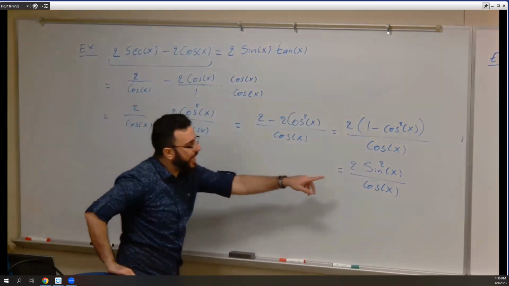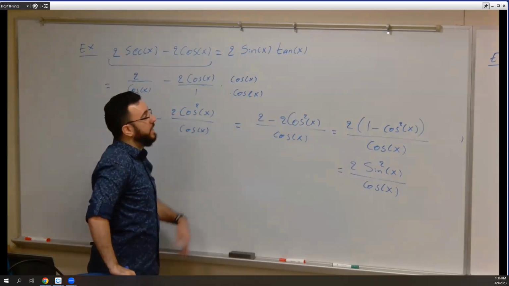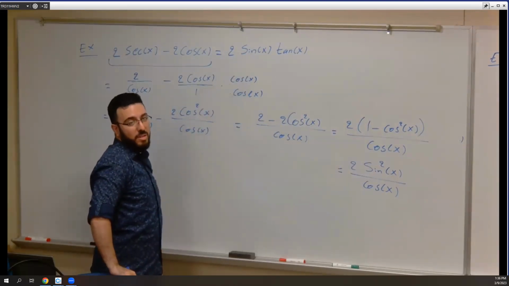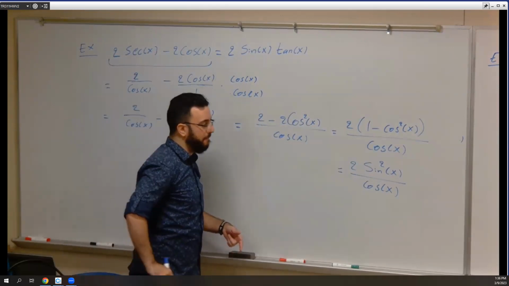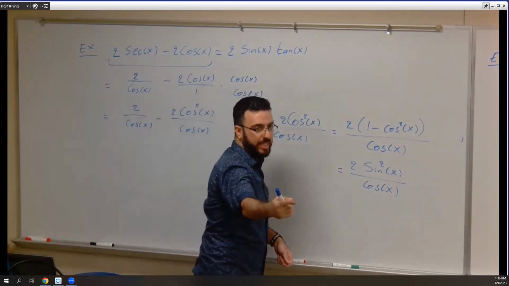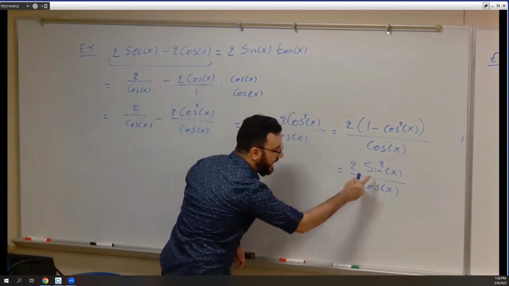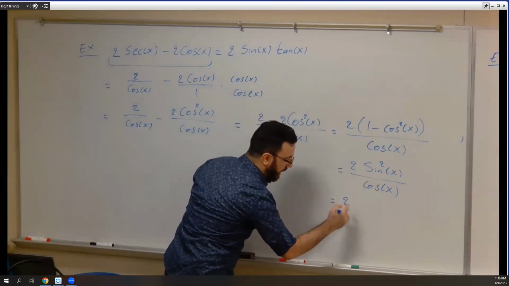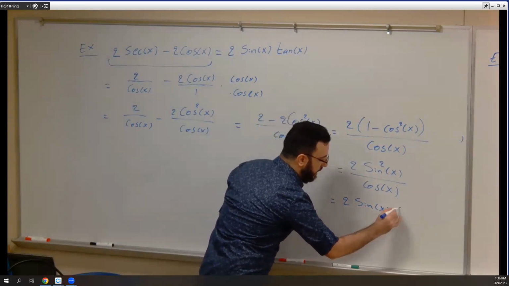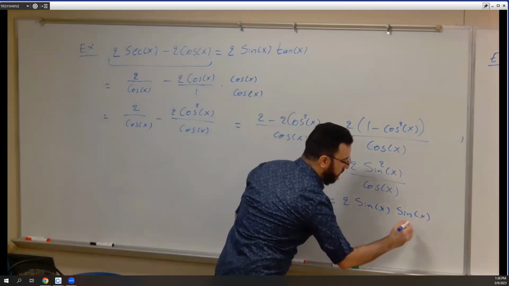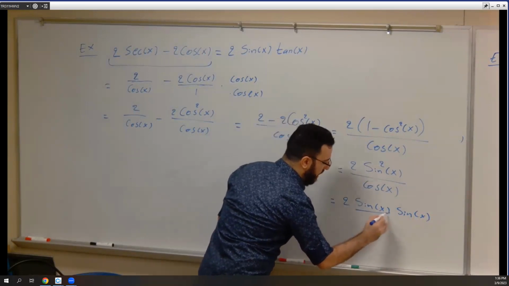Almost. I have 2 sine here on the top. I need only 1. So tangent equals sine over cosine. Now, how many sine do I have here? 2. So here is 2, here is sine, and here is the other sine. Yes or no? And here is the cosine.